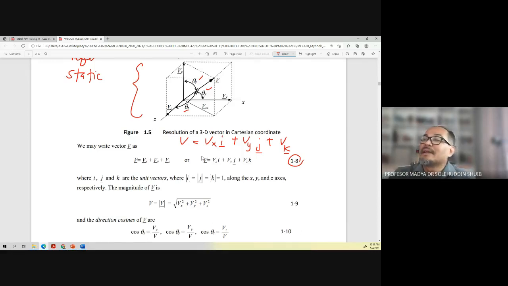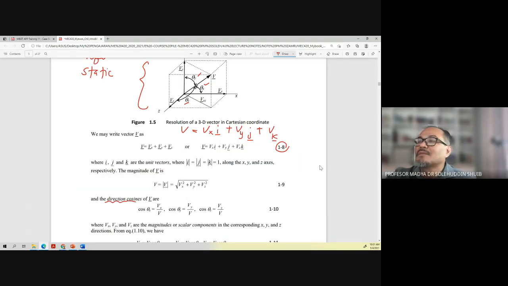How to get the direction cosine? This one you learned in statics before, direction cosine. So what is direction cosine? For direction cosine, for example, we talk about cosine theta x, this is direction cosine.